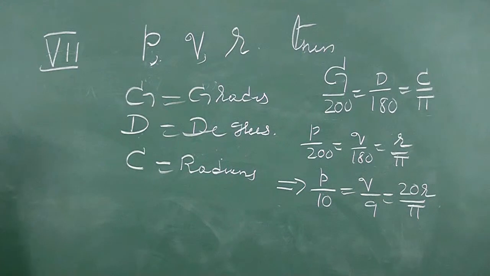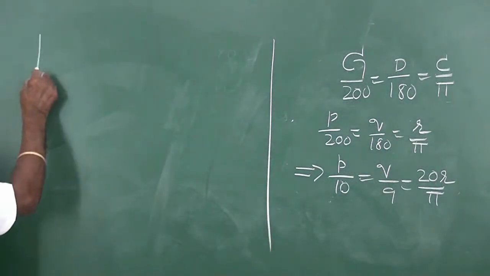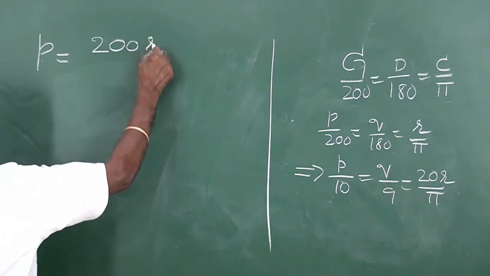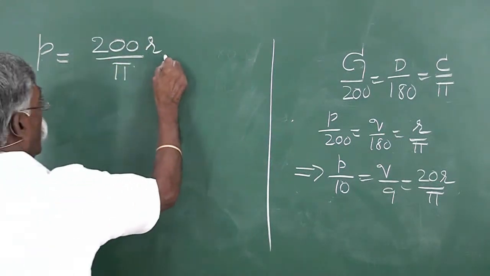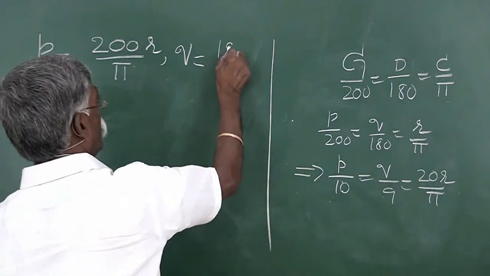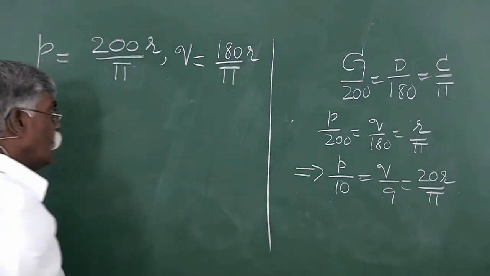And in the second result, we have to find P minus Q. From this relation, P is equal to 200R by pi, and Q is equal to 180R by pi.